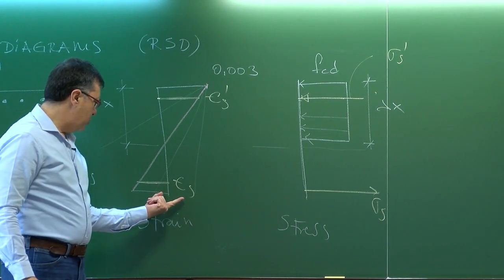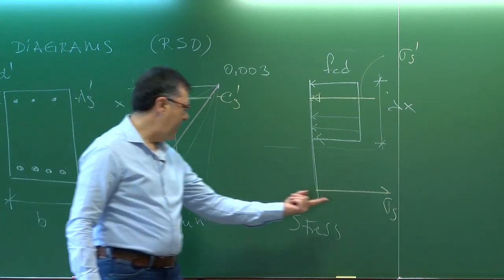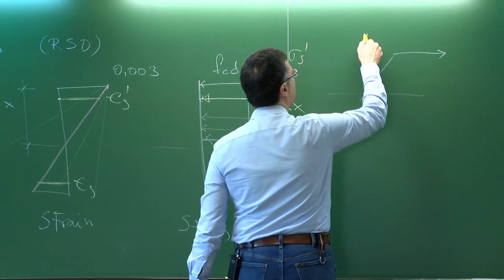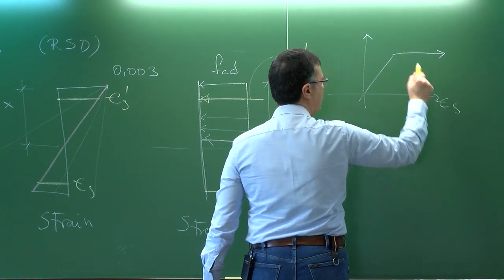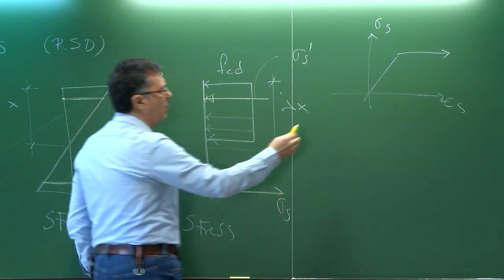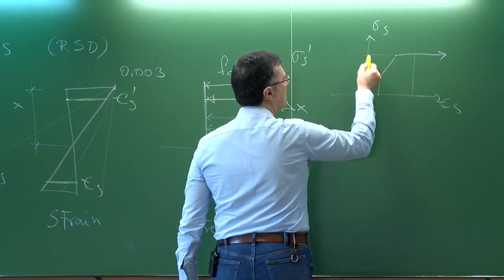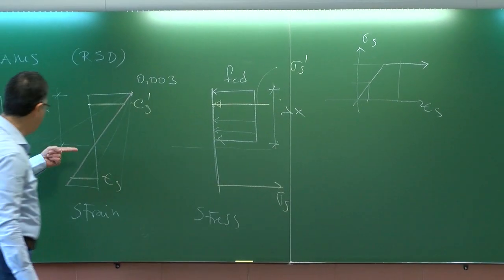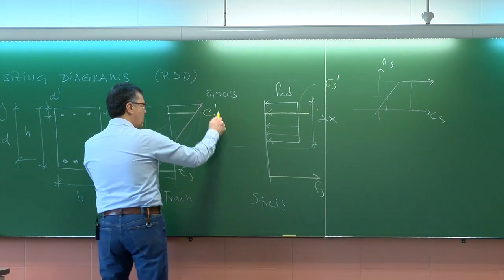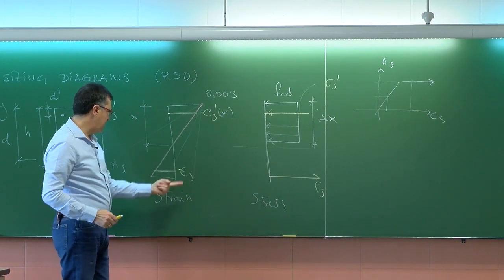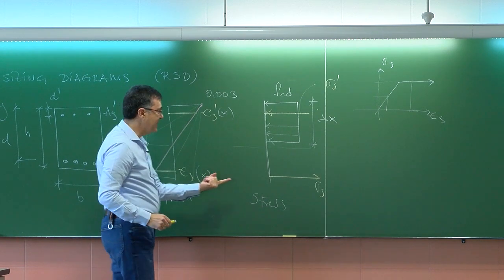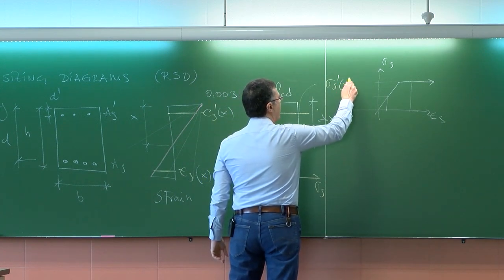It is very easy, once you know epsilon S, to know sigma S, because this is just, for example, the bilinear diagram from Eurocode, epsilon S, sigma S. Once I know epsilon S, I know sigma S. Because everything is defined by x, epsilon S prime and epsilon S are also functions of x, and sigma S prime and sigma S are functions of x.